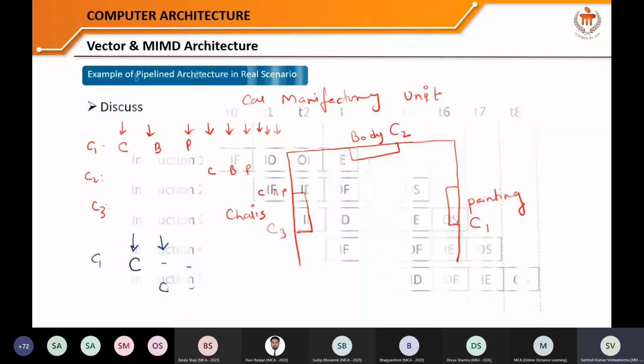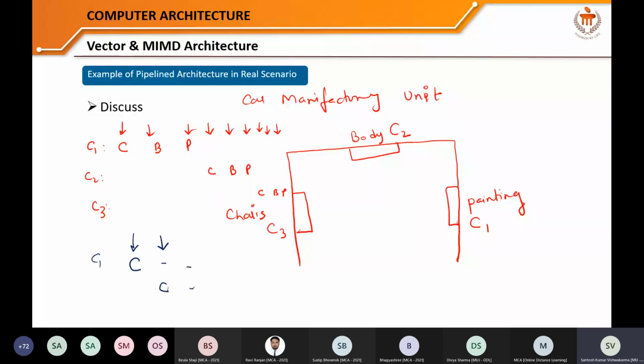And if you can recall, we have also taken a real example of pipelining. I talked about a car manufacturing unit, where suppose the car is built in phases. The first phase deals with the chassis, the second is the body part, and the third is painting.